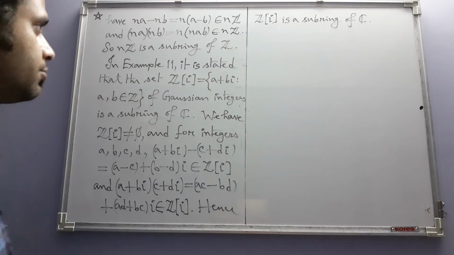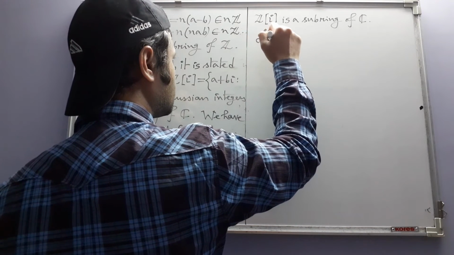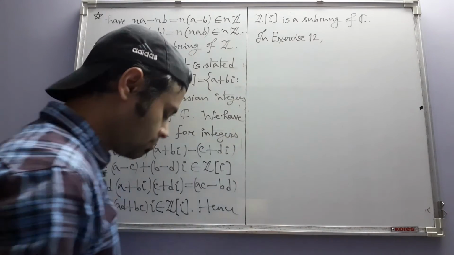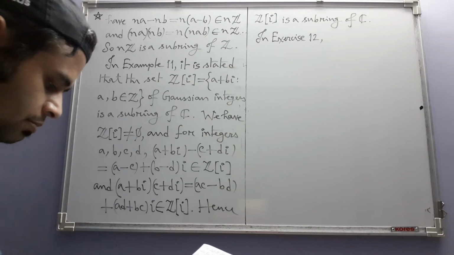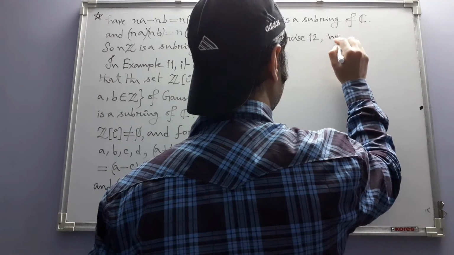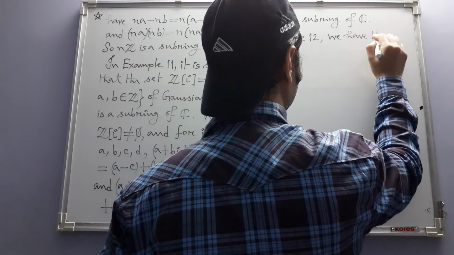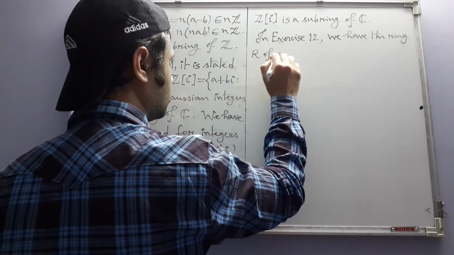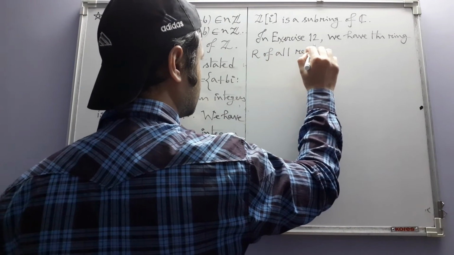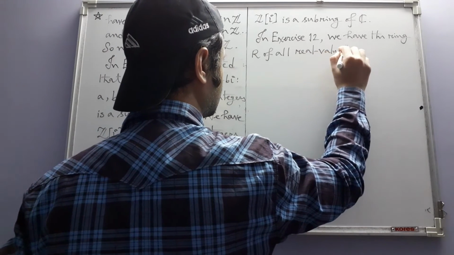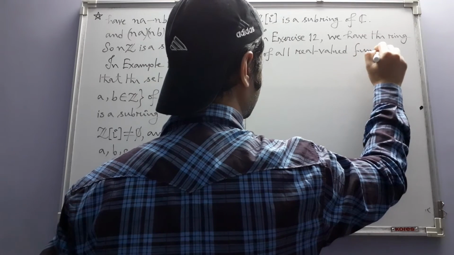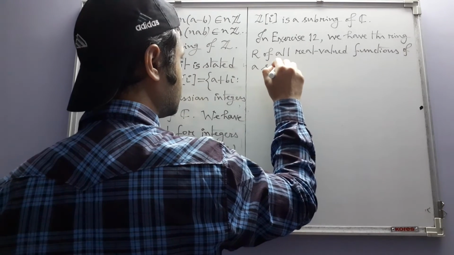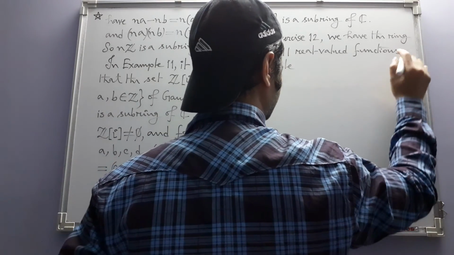Two more are left. In exercise 12, we have the ring R of all real valued functions of a single real variable.